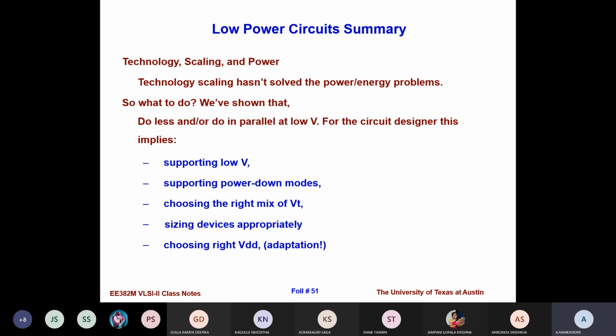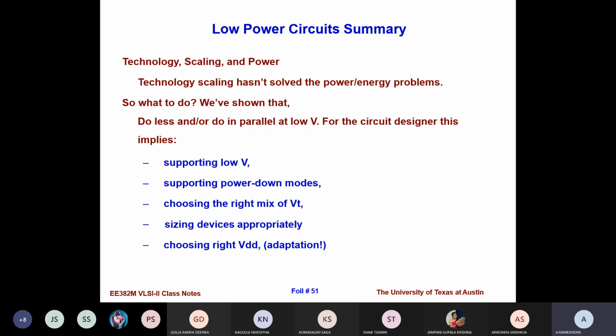Mainly, while fabricating MOS devices or different types of integrated circuits, we have many parameters, and we have to concentrate on reducing the dynamic power dissipation.